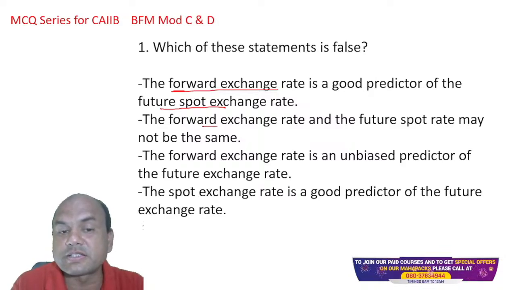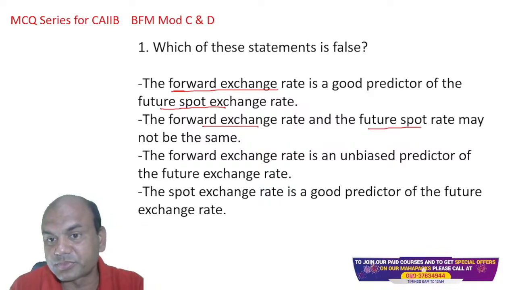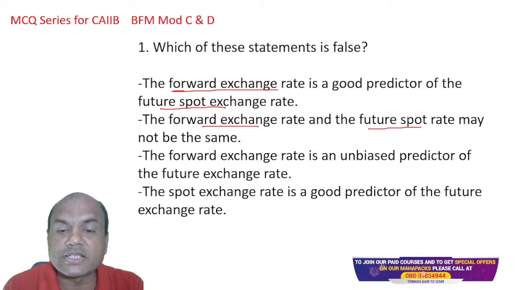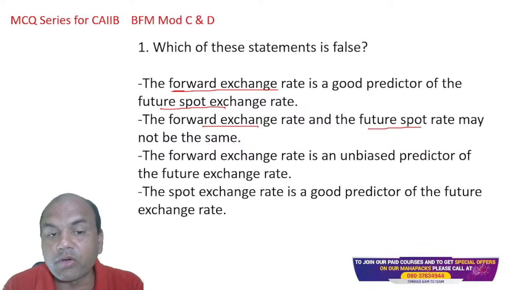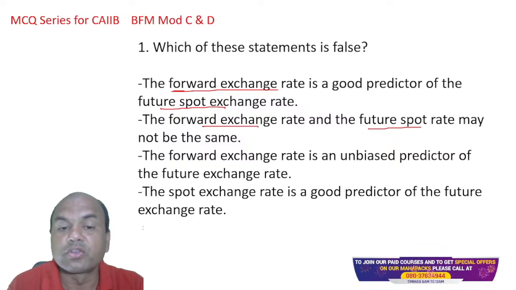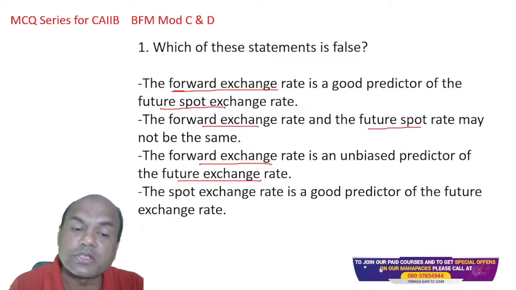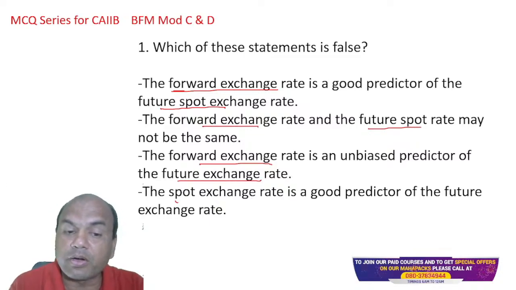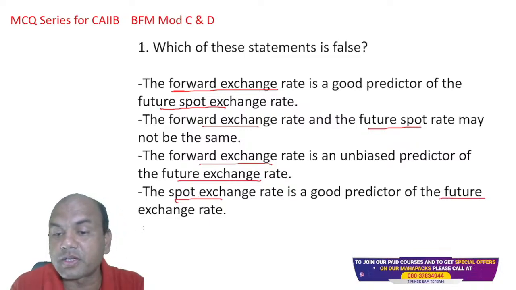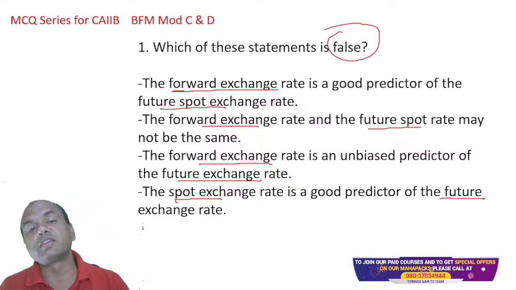A forward exchange rate is an unbiased predictor of the future exchange rate. The spot exchange rate is a good predictor of the future exchange rate. So we want what is false. What do you think is the false answer?